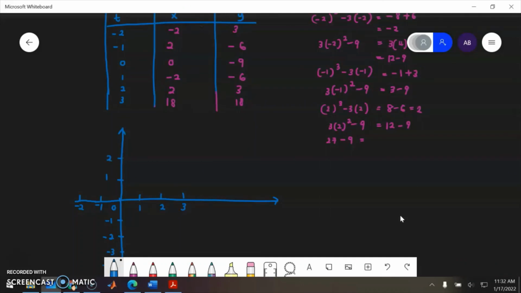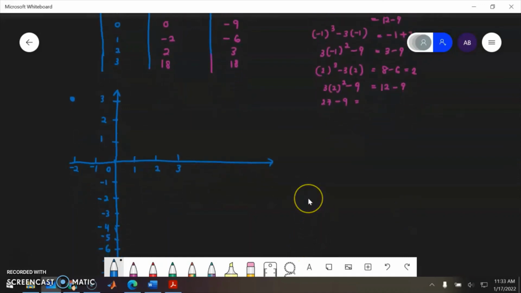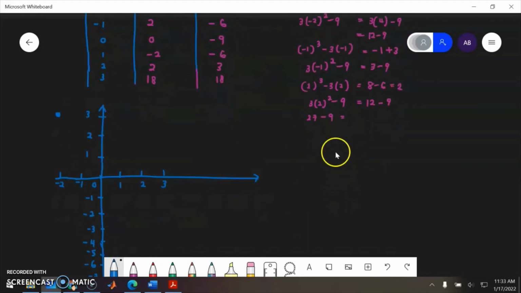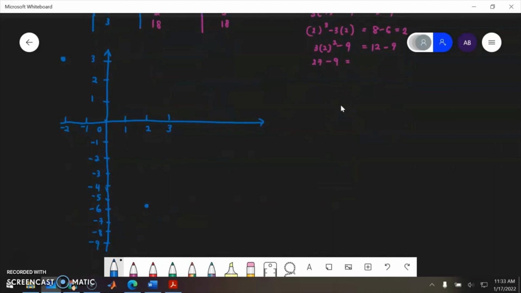When x is -2, y is 3. Yeah, this is 3. Okay, and then when x is 2, y is -6, all the way down here. And then when x is 0, y is -9, which is here.